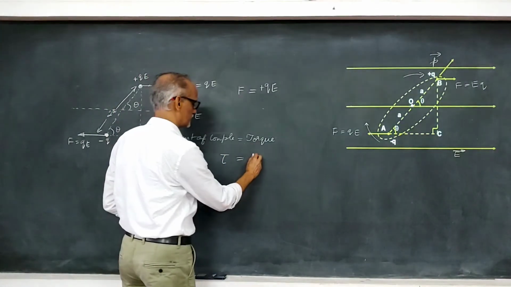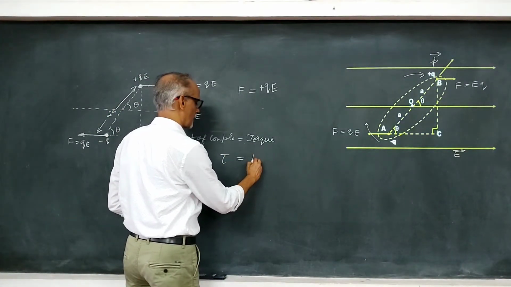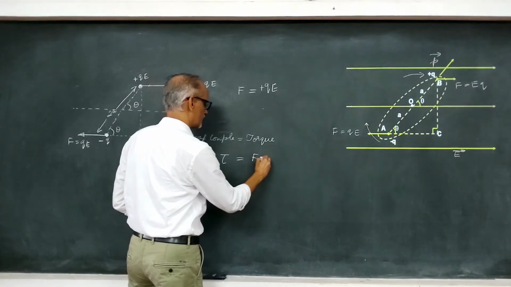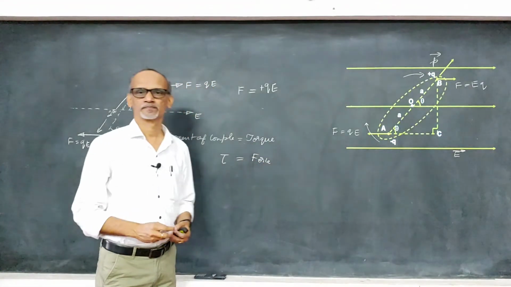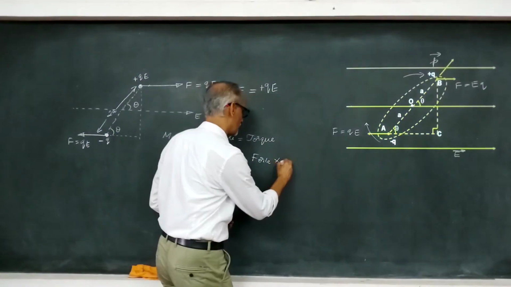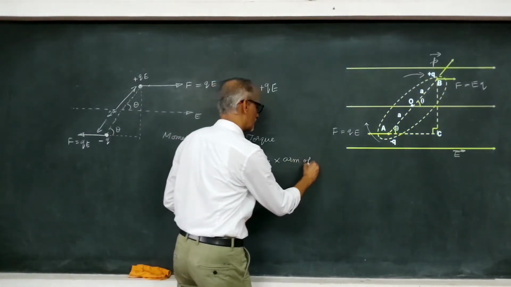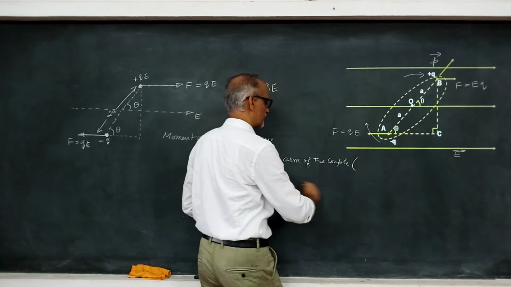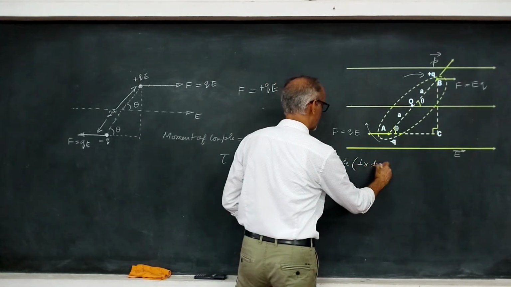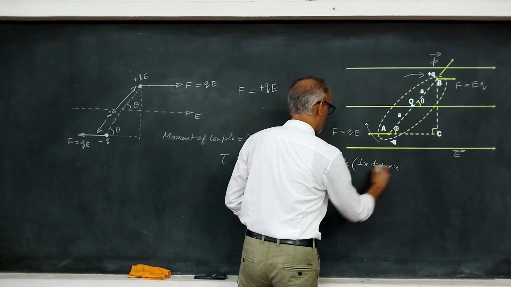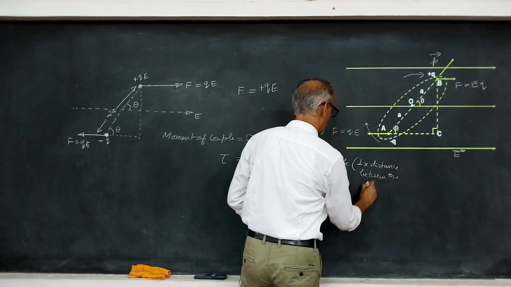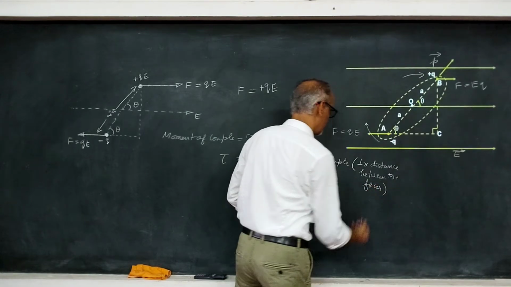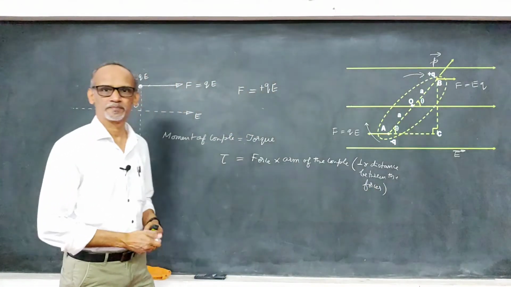Torque is given by the magnitude of the force and the arm of the couple. Now, what do you mean by the arm of the couple? The arm of the couple is nothing but the perpendicular distance between the forces. It is the perpendicular distance between the forces.